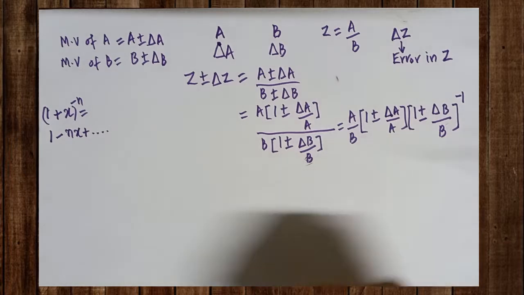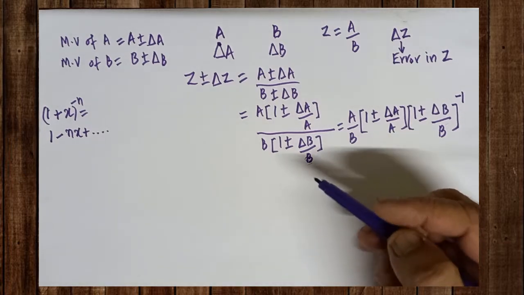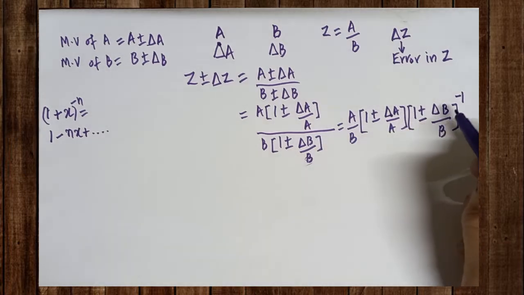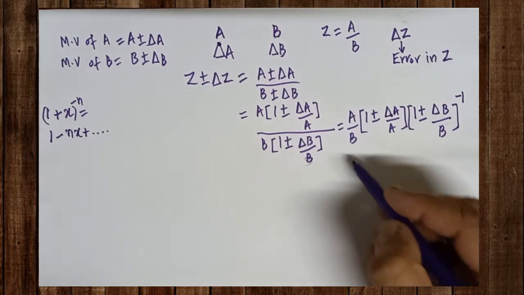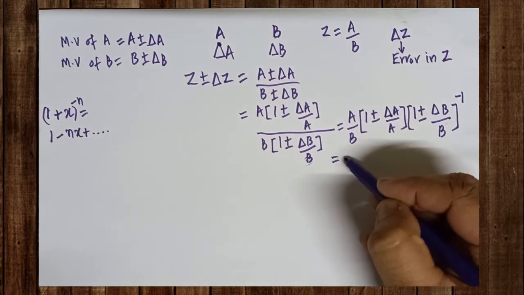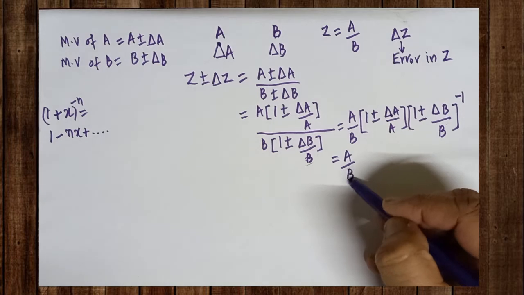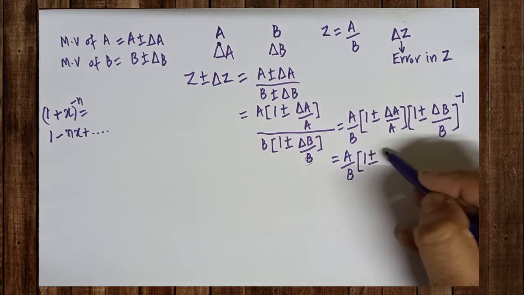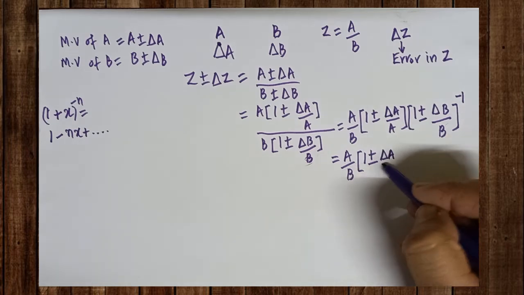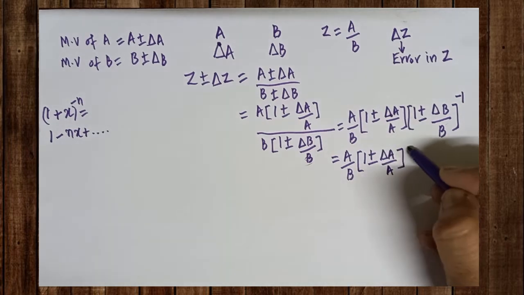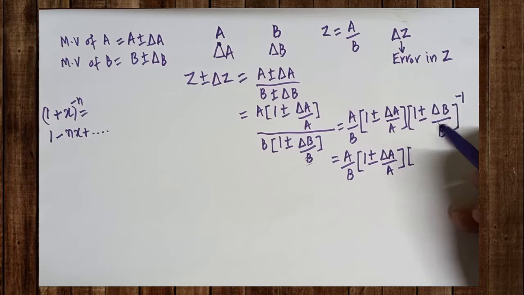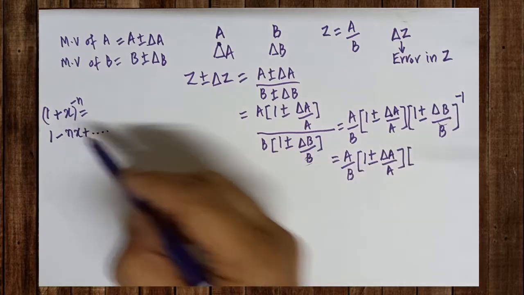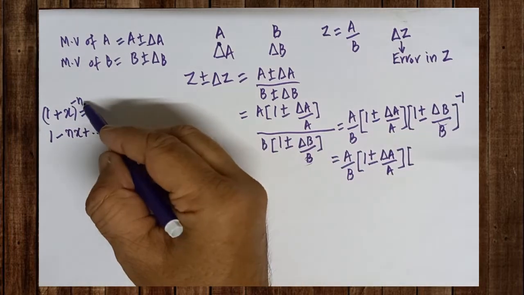How can it be written? Look at that. This equation is to be used here. I will write now A divided by B. This can be written as it is, no change at all: 1 plus or minus del A divided by A, close the bracket. Here this portion acts like x, and minus 1 looks like n.